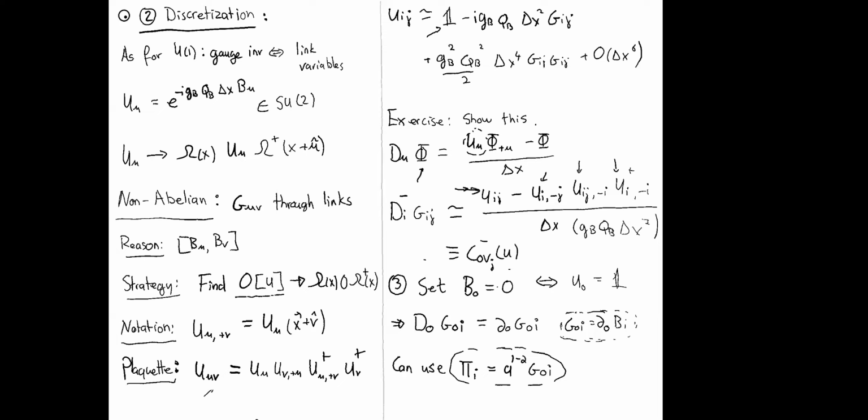And then this is simply equal to minus i g_B q_B delta x B_i prime multiplied by U_i, plus, of course, since it's not abelian, now you're making some mistake because you're neglecting the commutator.